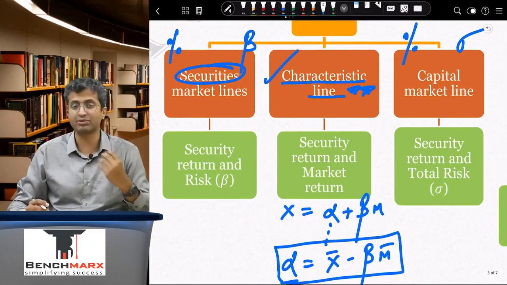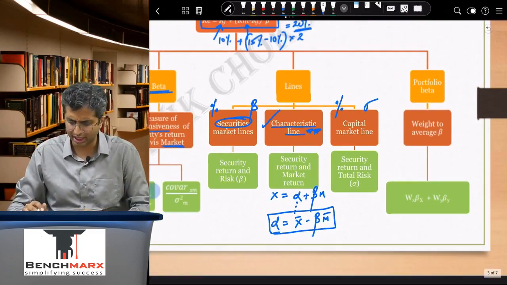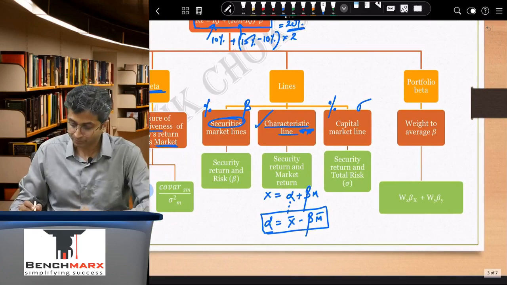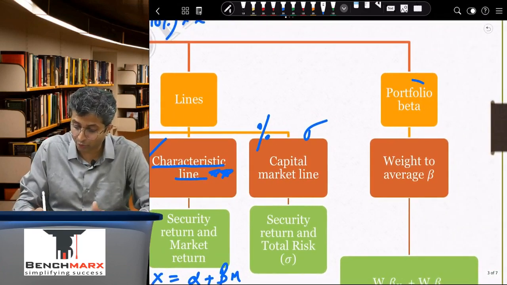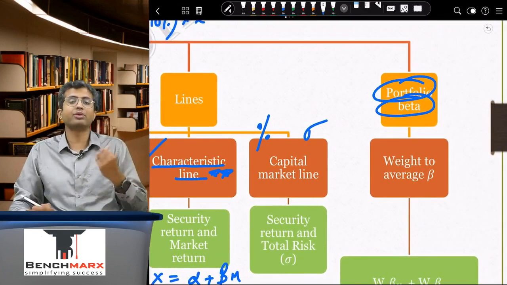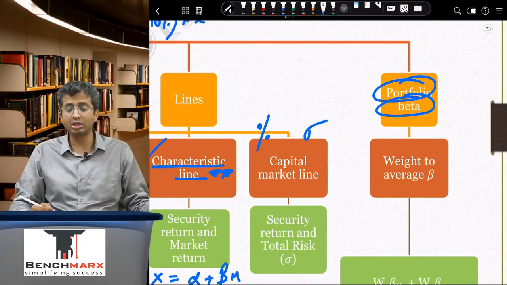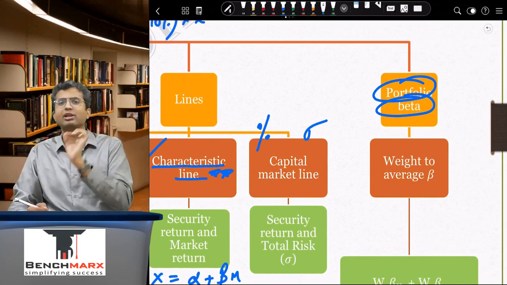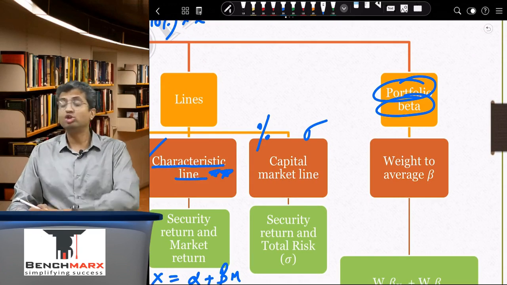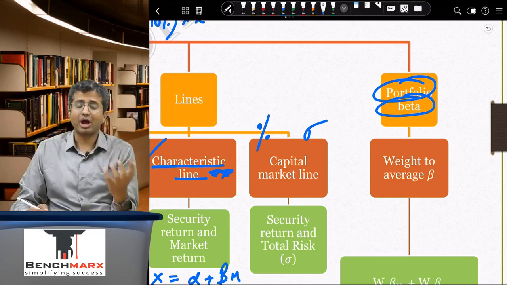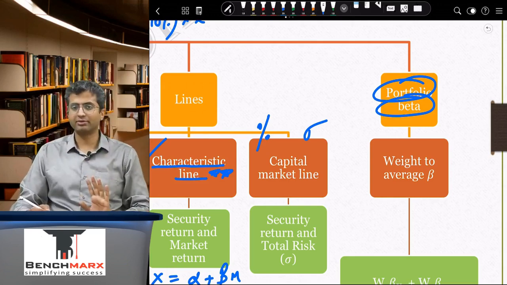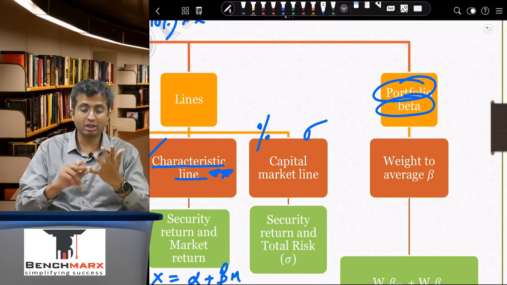Among the three lines, I would say from an exam standpoint, characteristic line is a line which is slightly more important. And then comes the concept of portfolio beta. Like we've studied the portfolio standard deviation, the portfolio return, you have the portfolio beta, which is calculated as a weighted average beta. Not like that big formula. Sir, why? Because standard deviation cannot be negative. It will be positive, but return can be negative.